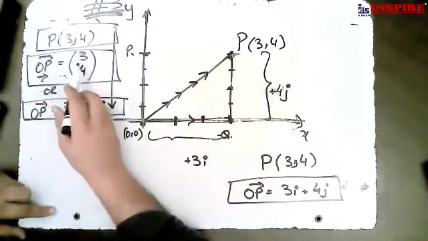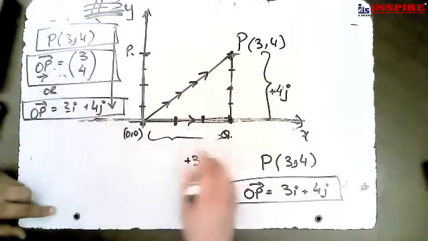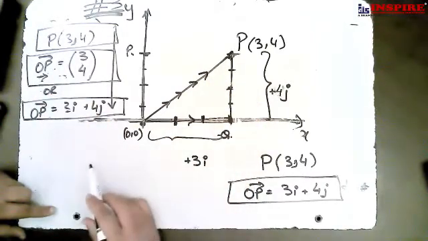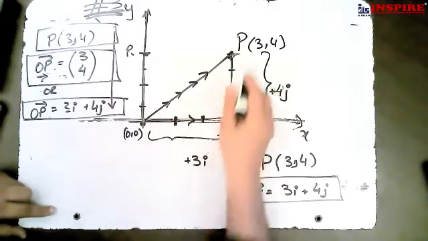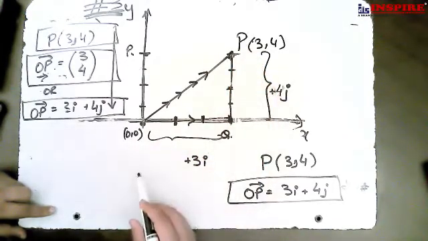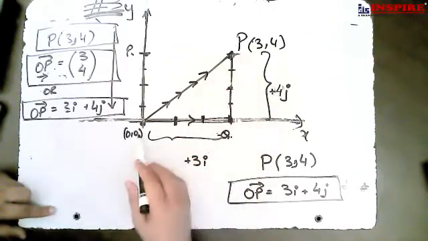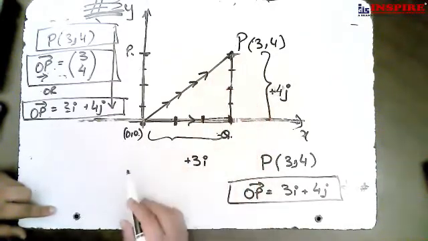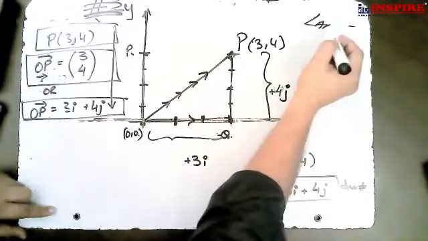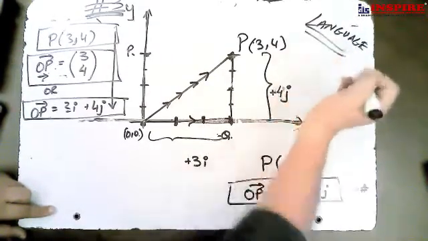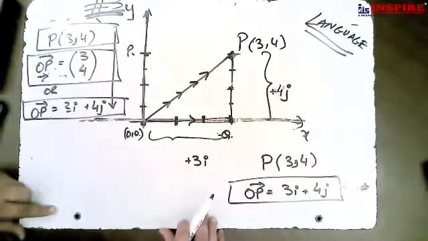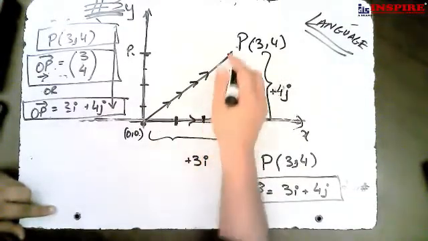From O to P, we move 3 units in the X, 4 units in the Y. 3i, 4j. 3 in the X, 4 in the Y. Understand my language. If you understand this language, you never make a mistake. 3 in the i, 4 in the j.